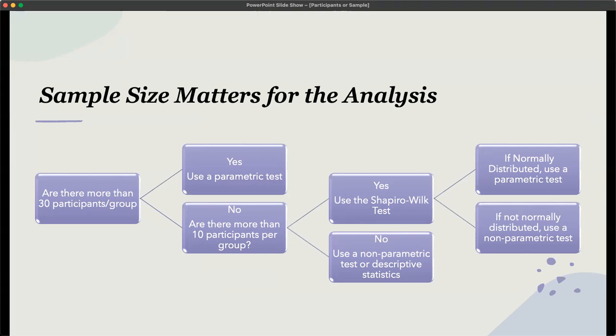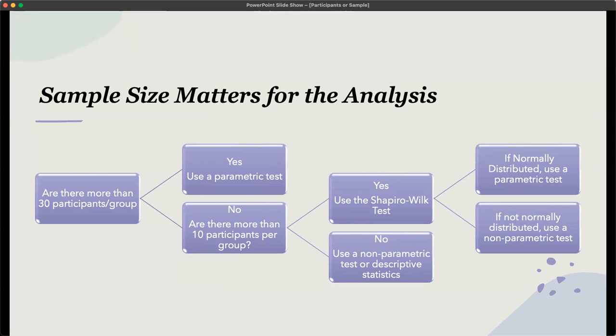do you then have more than 10 participants per group? If the answer is no, then you're going to use a non-parametric test, and we'll have a look at some of the non-parametric tests on the next page as well. Or you can use descriptive statistics.